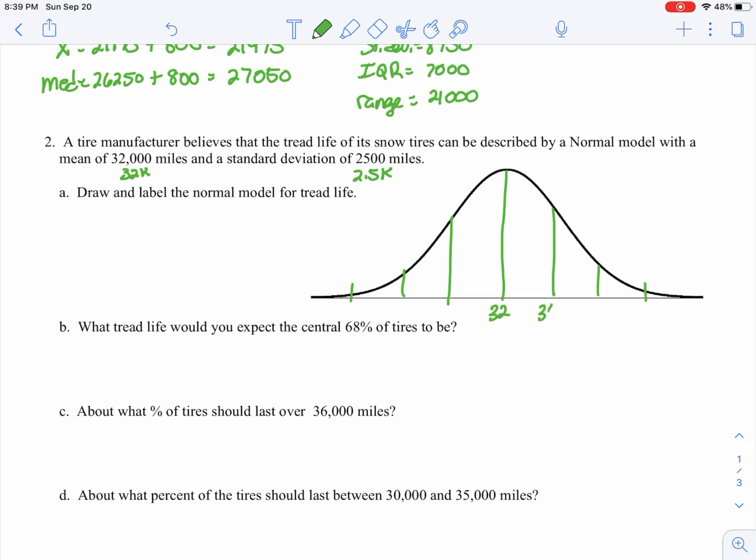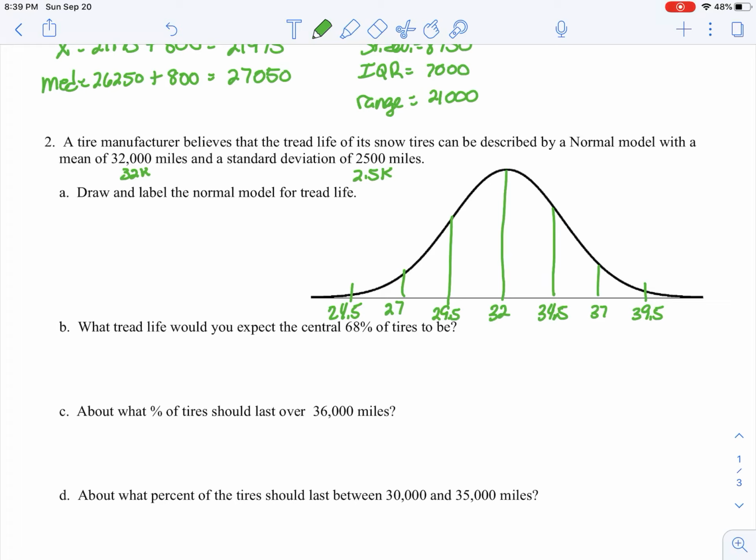So this is going to be 34.5, 37, and 39.5. Subtracting, that's going to give me 29.5, 27, and 24.5.